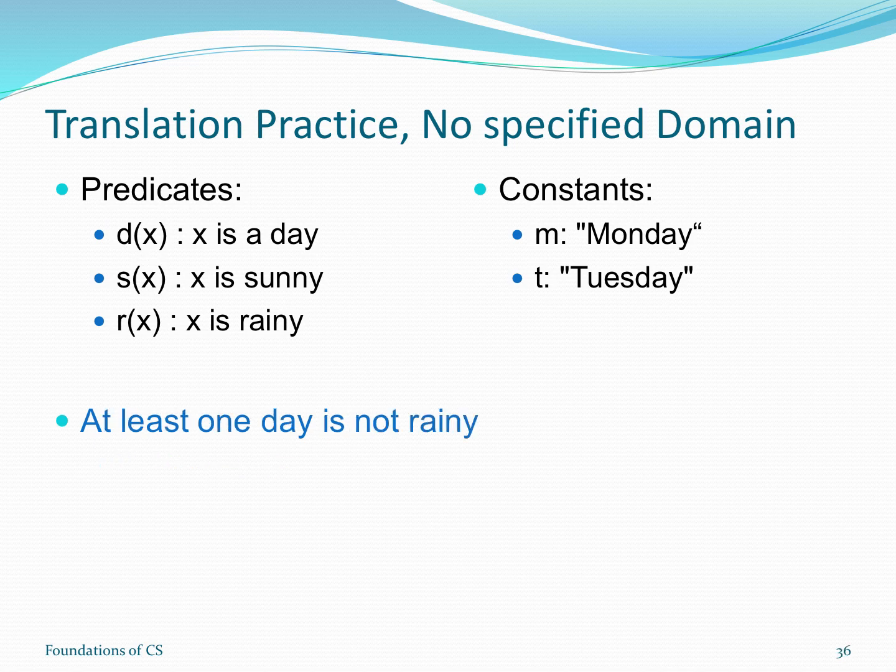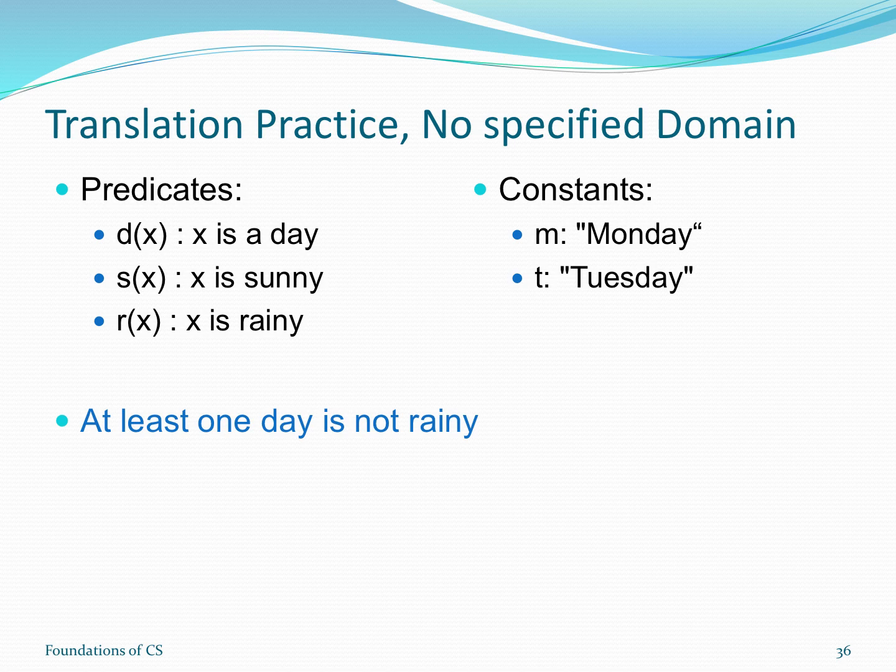All right, let's talk about this one. I want to somehow express that there exists at least one day that's not rainy. Notice that in this example, it could be both sunny and rainy on the same day, given that I have these predicates. So at least one day is not rainy. There exists something, and what do we know about that thing?